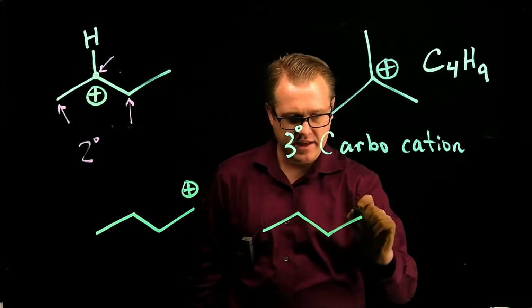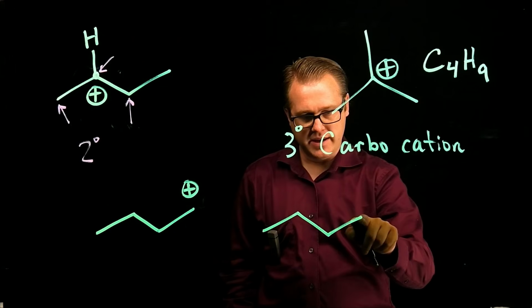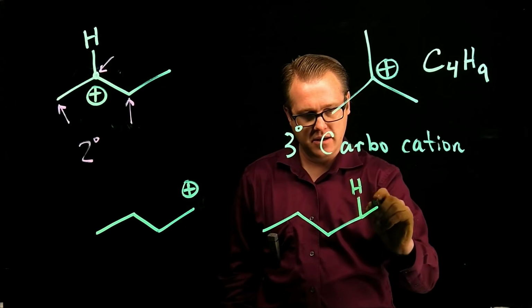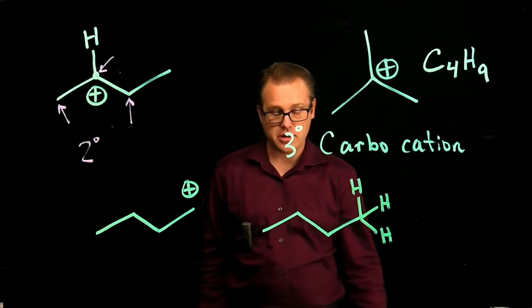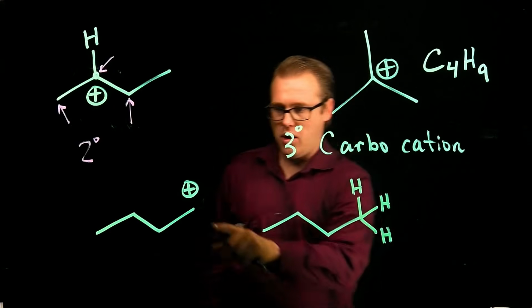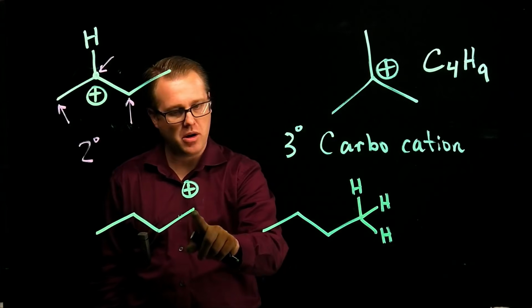Let's contrast it to a neutral one. So this carbon right here, we can see that there's 1 carbon-carbon bond, but then it has 3 carbon-hydrogen bonds that are not shown. So that's the neutral form. Oh, but this guy's positively charged. So that means it can only have 3 bonds.